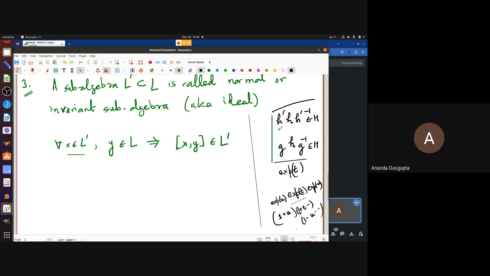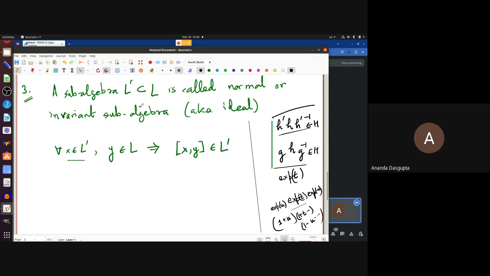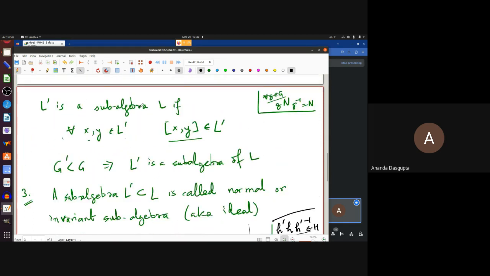The connection is simply this. For subgroups, conjugation keeps you inside H only if you take elements both from the subgroup. For normal subgroups, conjugation keeps you within H even if you use G from outside. Just think of what happens at the subalgebra level.